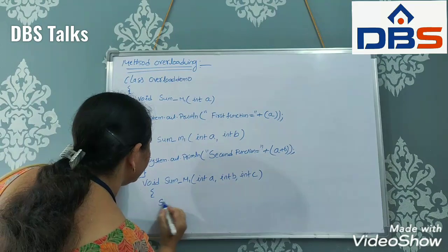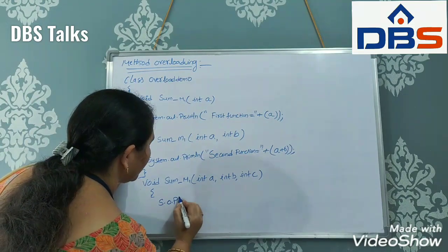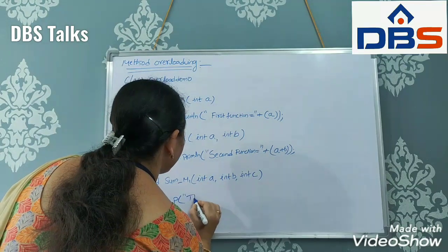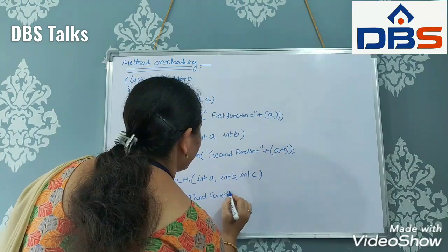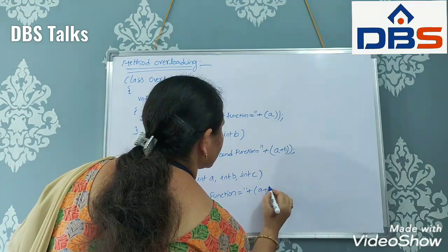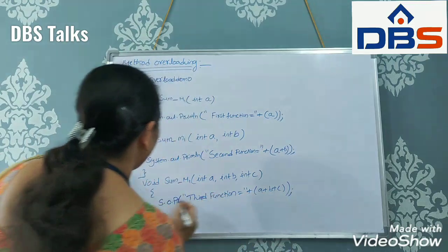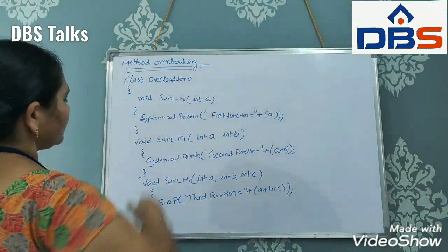Here I am using the shortcut System.out.println. This is third, plus a plus b plus c. Then close this.